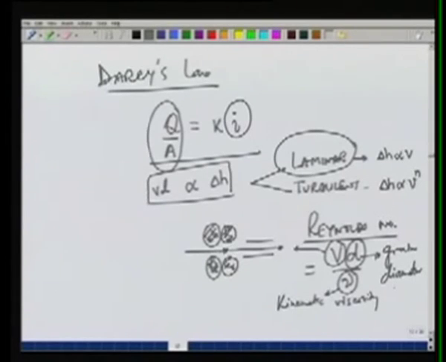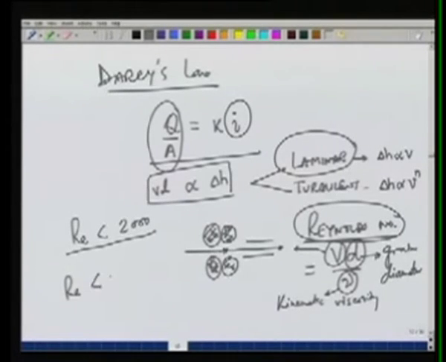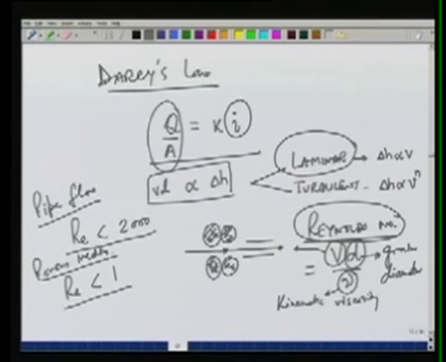So when we look at Darcy's law, its applicability will depend on the Reynolds number. In pipe flow, we know that the Reynolds number Re should be less than about 2000 for the flow to be laminar. In porous media, based on experiment, it has been found that, using the grain size as the characteristic length, Re should be less than 1 for Darcy's law to be applicable.